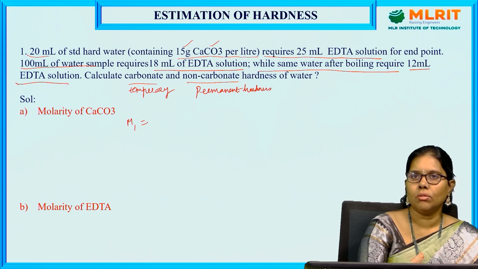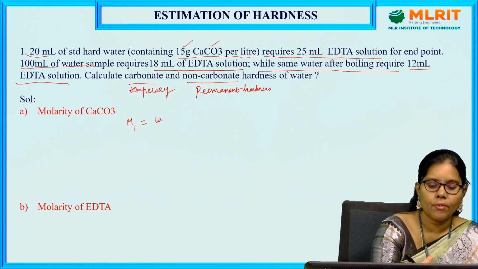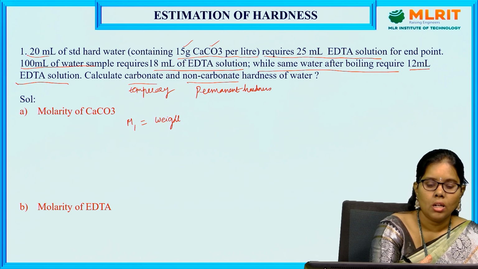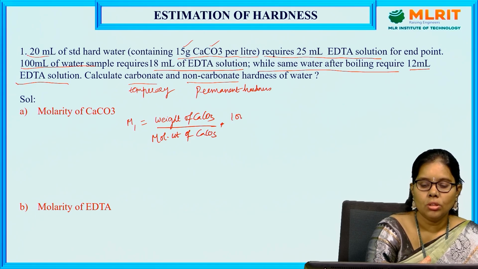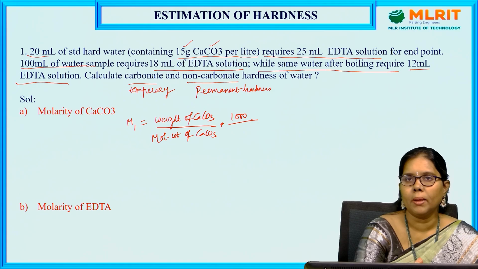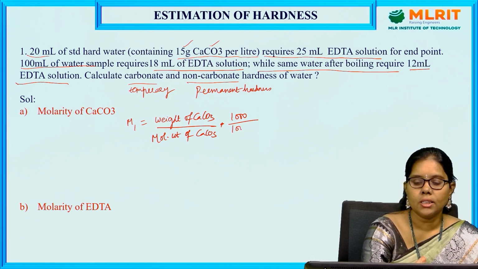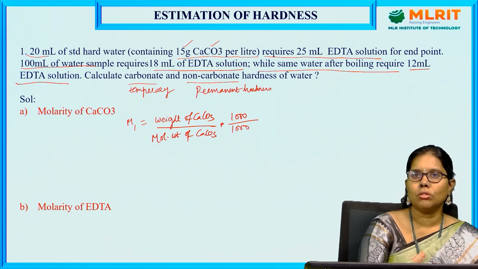Molarity of CaCO3 is equal to, we have a formula, weight of CaCO3 by gram molecular weight of CaCO3, times 1000 by volume in ml. We have taken 1 liter, which is 1000 ml, so the 1000 cancels.